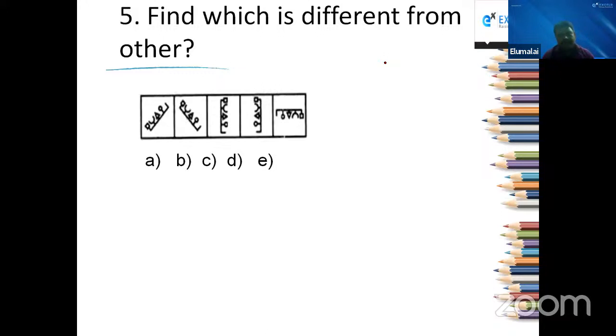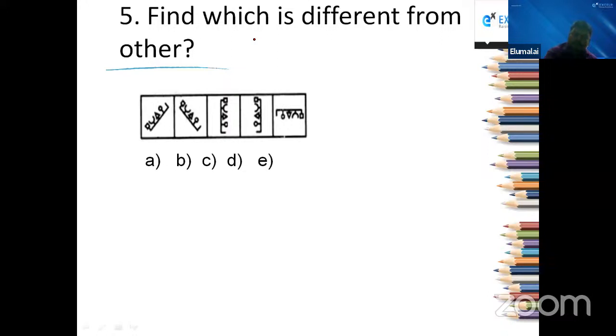Now you can answer this. Find which is different from others. Very good.